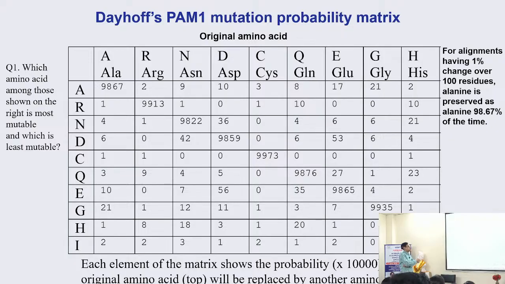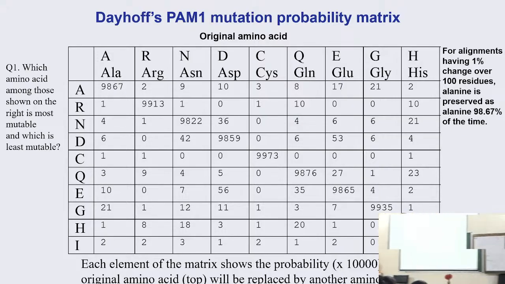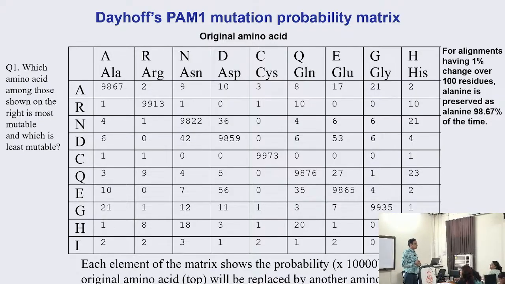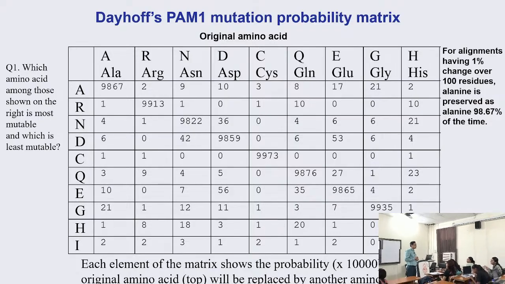ASN. So ASN is most mutable. Why is it so? Can you repeat actually? Yes.